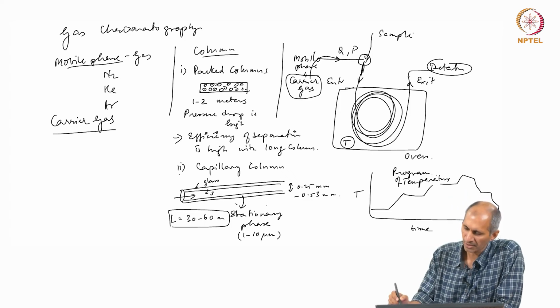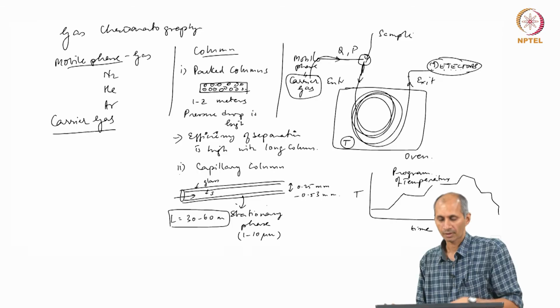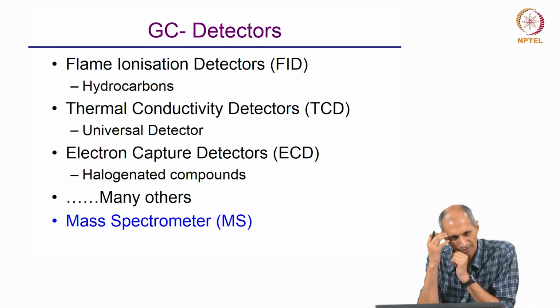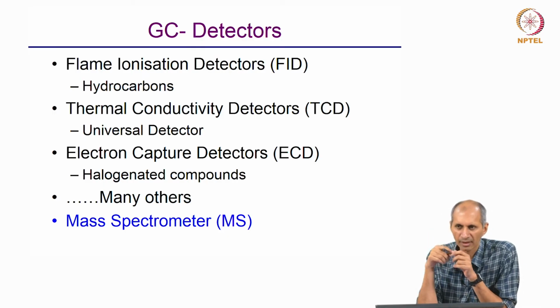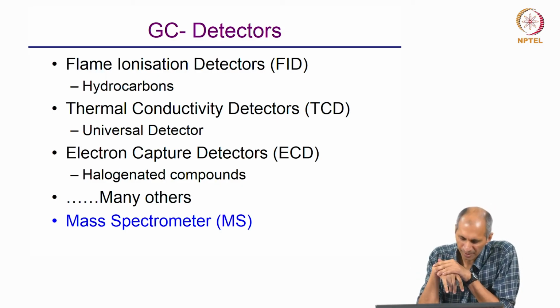Now we quickly look at some of the detectors that we have for GC. There are a few commonly used detectors. The first one is called an FID, a flame ionization detector. It is mainly used for hydrocarbon analysis. We will not go very much into details of this.